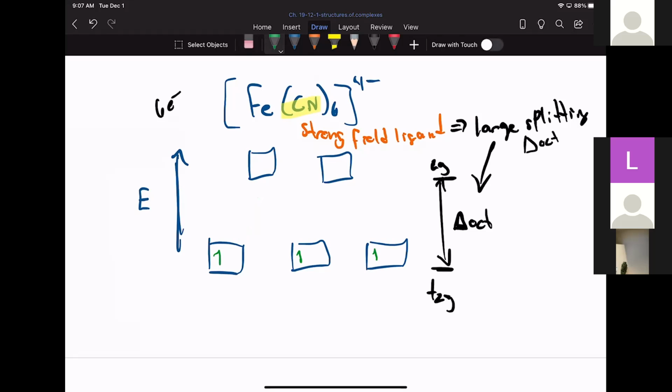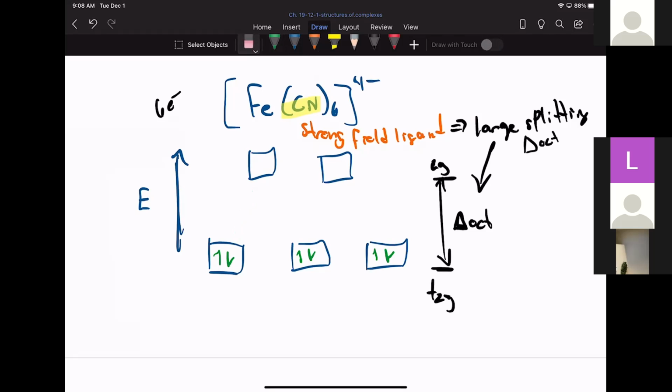We're going to fill up here, here, and here. So all of these electrons are going to stay in the T2g because of this large splitting. There's not enough energy to excite one of those electrons up into the EG orbitals. The splitting is too far.